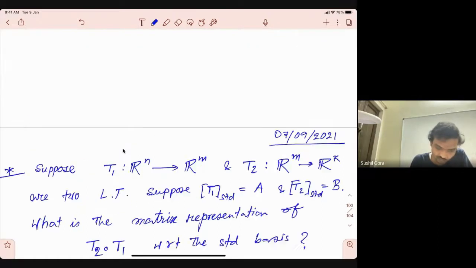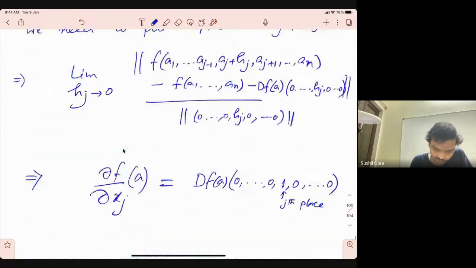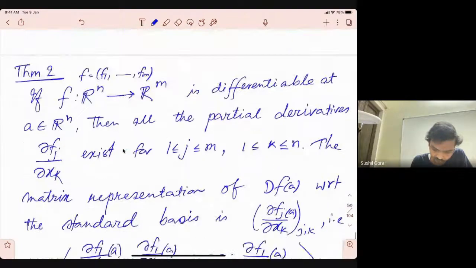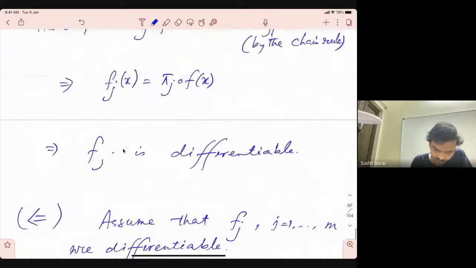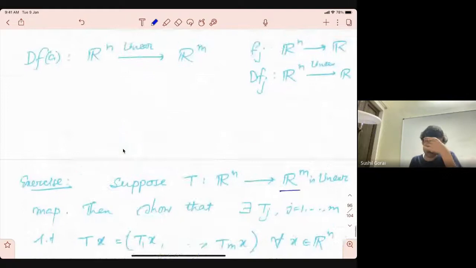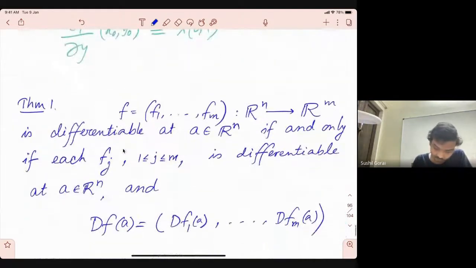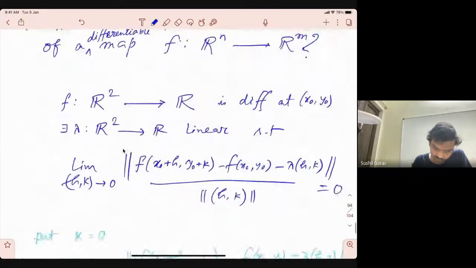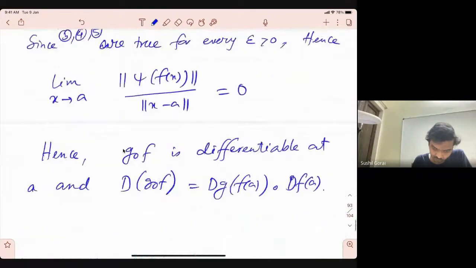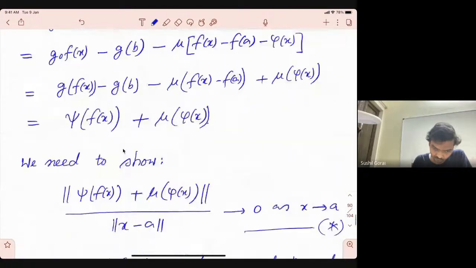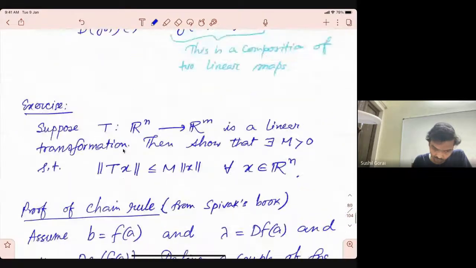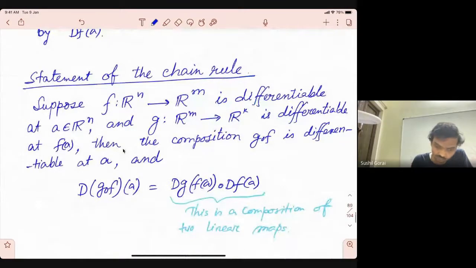So let's go back to the chain rule. Let me just copy and paste there.